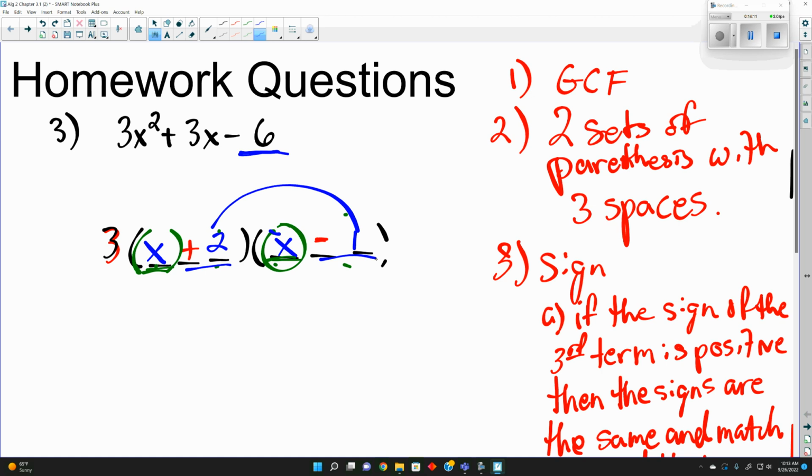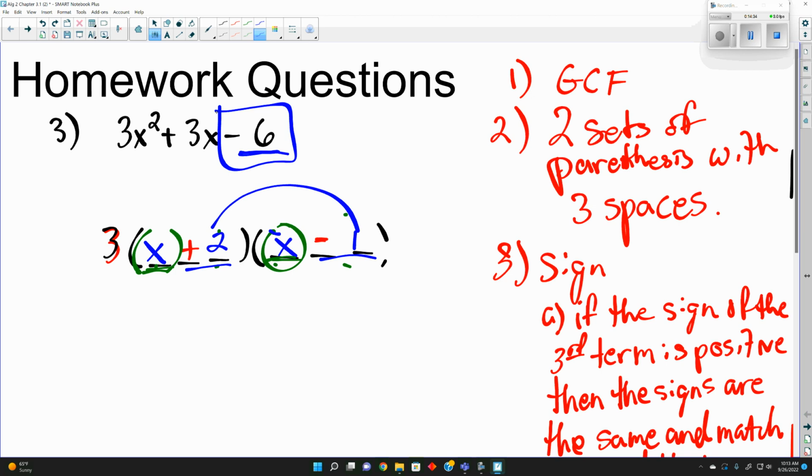A negative, yes? So it's telling us if this sign is negative, I know that the factors have to be what? One positive and one negative, yes? That's where we get the second part of this. If the third term's negative, the signs are opposite. Because that's the only way we can get a negative number, yes? One's going to be positive, one's going to be negative.